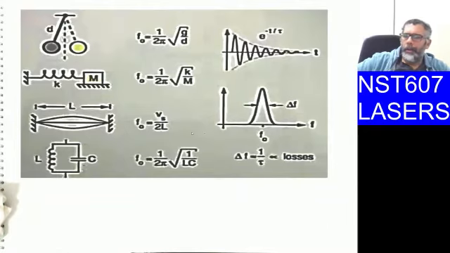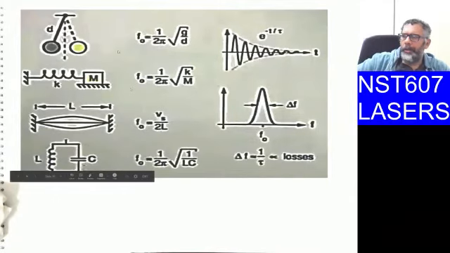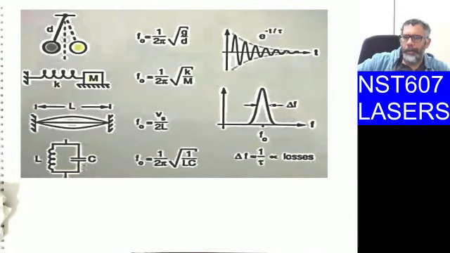As you have natural damping in all kinds of these oscillators, you will observe this kind of behavior in the time domain and the frequency domain. And as I said, it is always possible to express the width of the distribution in the frequency domain in terms of the damping parameter of the system.